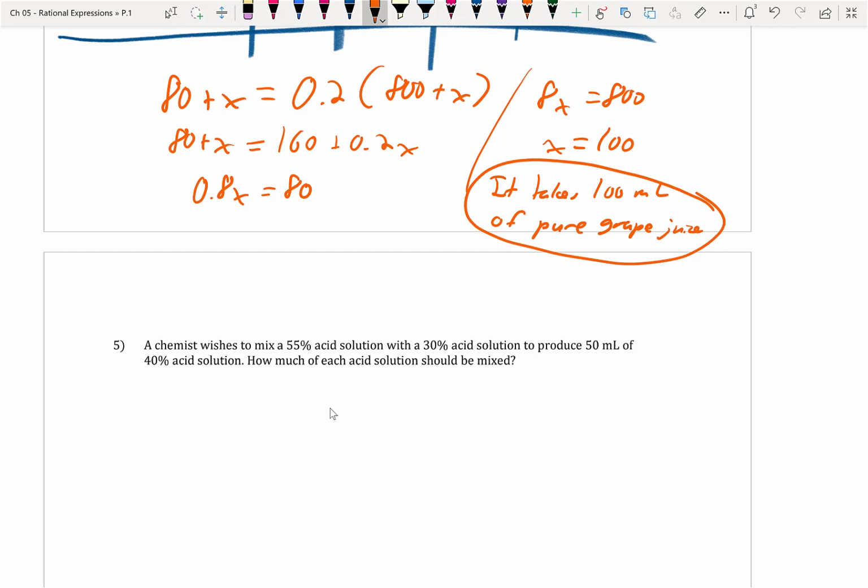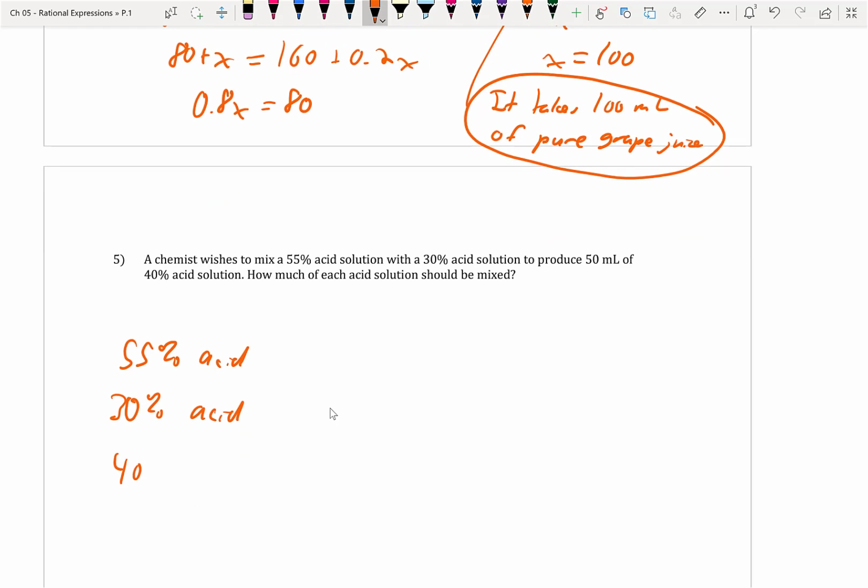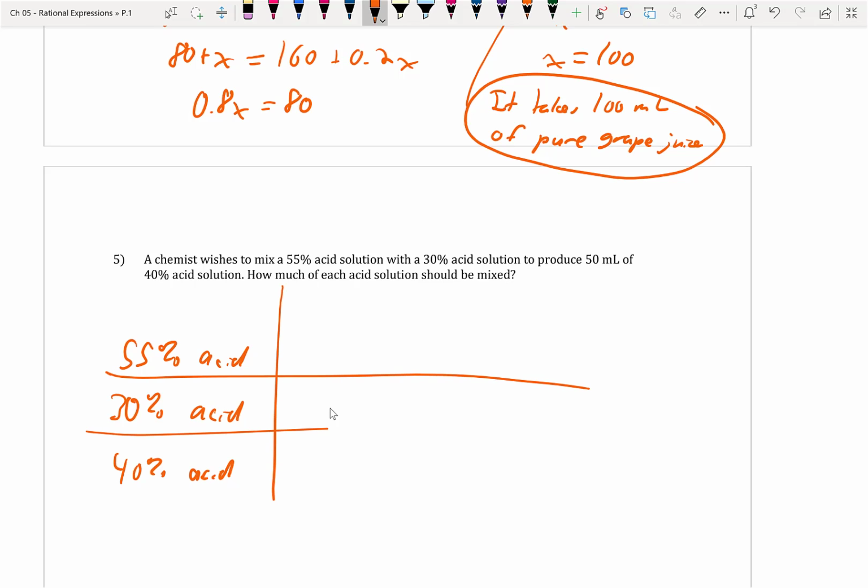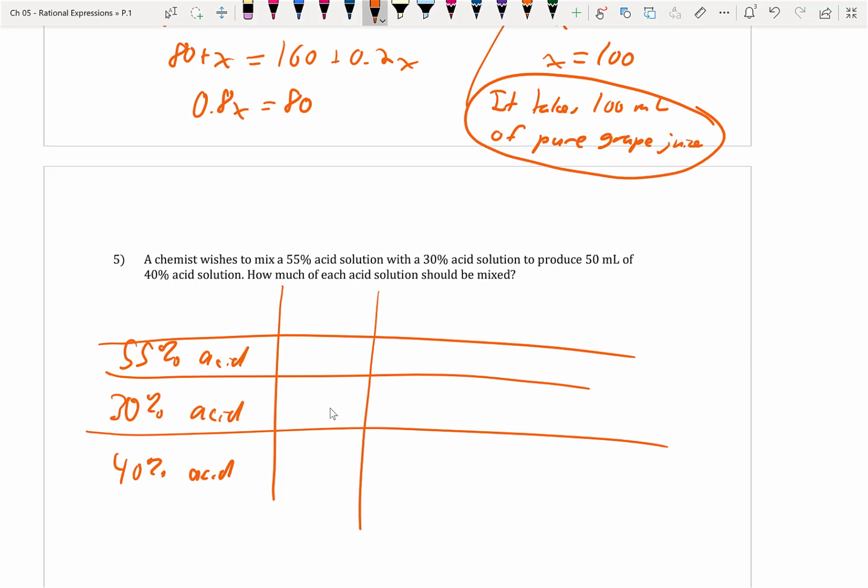Okay, last one. We'll set this up and get as far as we can go. 55% acid mixing with a 30% acid to make a 40% acid. The percents we've got down 0.55, 0.3, and 0.4.